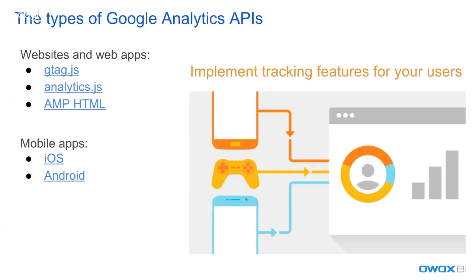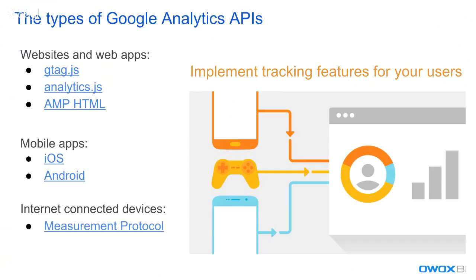If you have apps on another operating system, you can use, for example, a tool like Measurement Protocol, or you can also use this tool to track any information from an internet-connected device.